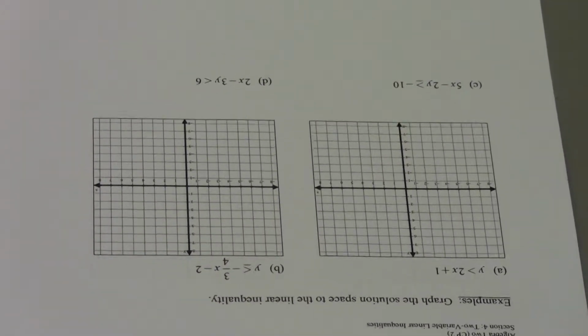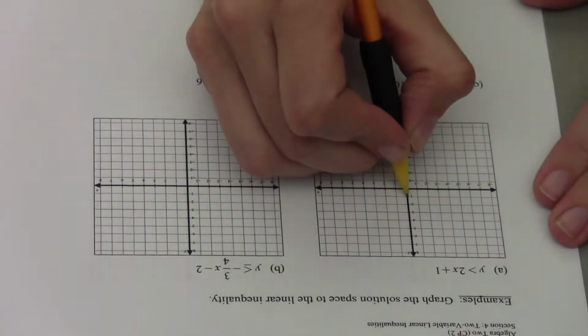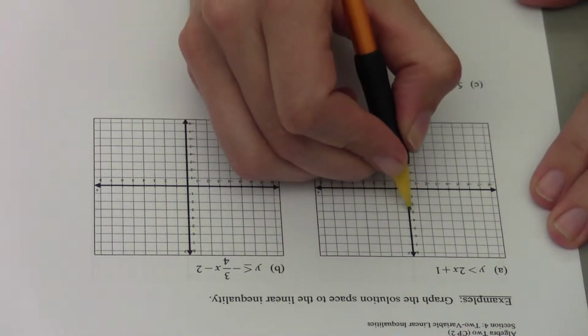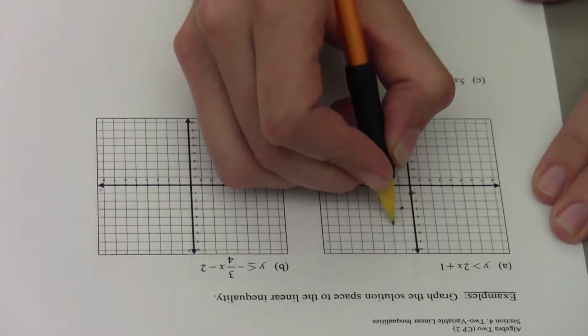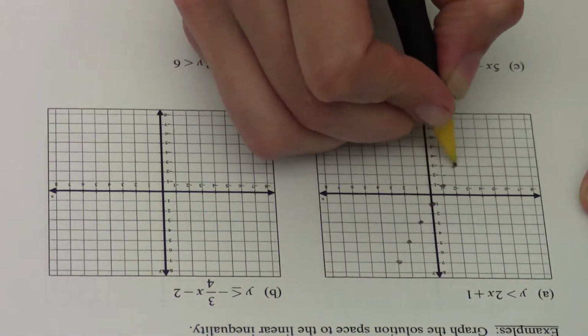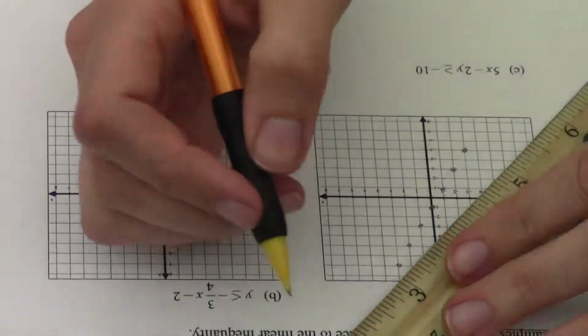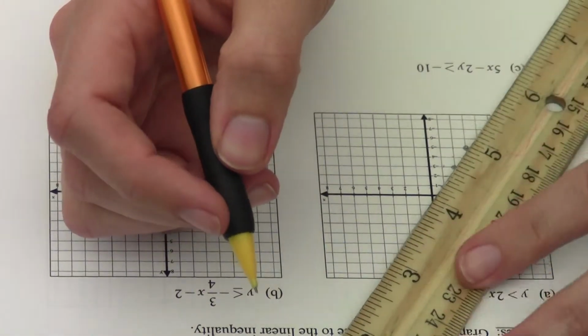So our first example, y is greater than 2x plus 1. We want to just graph that line. I'm going to start on my y-intercept of 1, rise 2, run 1, rise 2, run 1. Precision is important, so I'm going to use my ruler to extend that line through the graph.